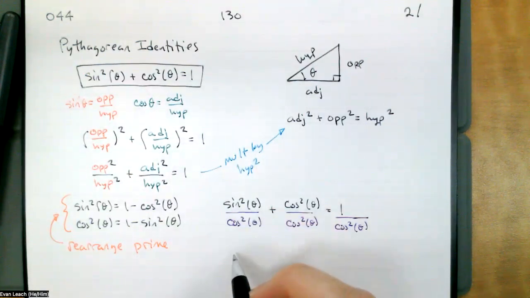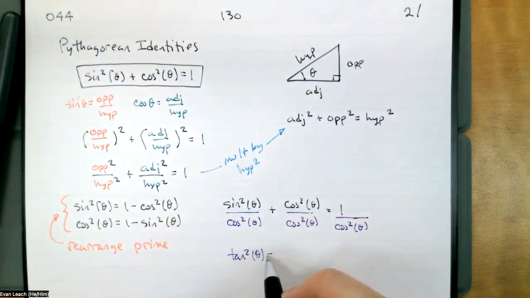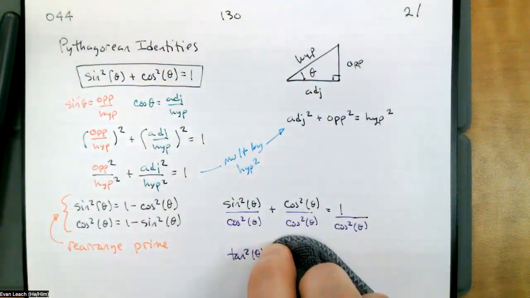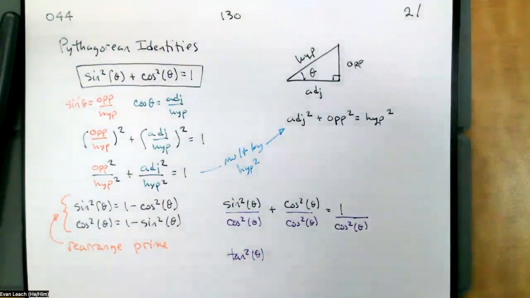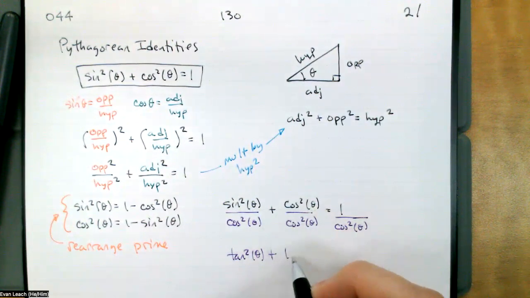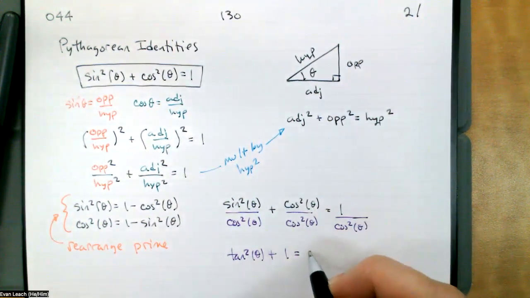Sine squared over cosine squared is tangent squared. Oops, I spelled plus wrong. Cosine squared over cosine squared is 1. 1 over cosine squared is secant squared.